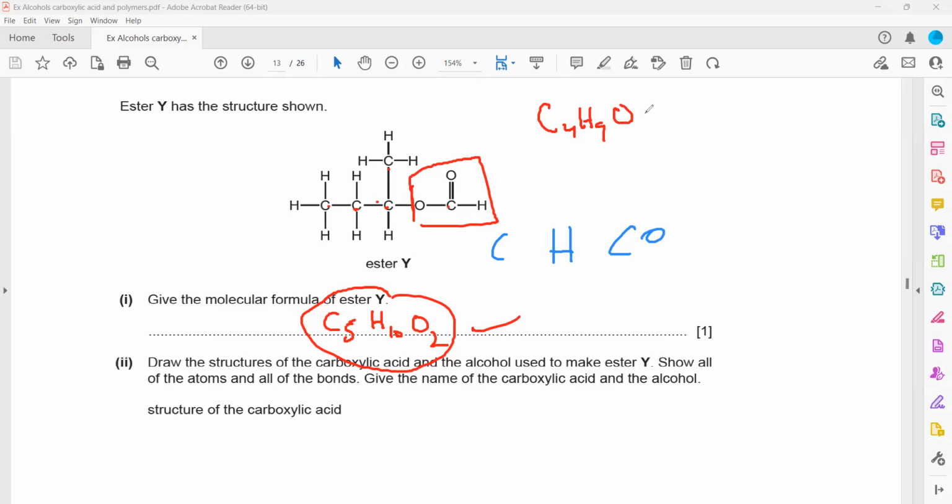Then OCH. This is because the OH part is there, O and C and H, and then C4H9.